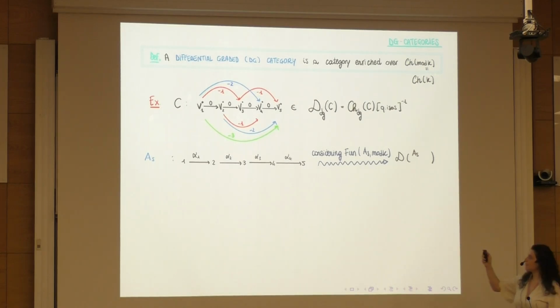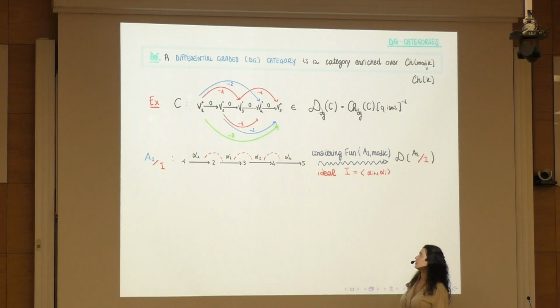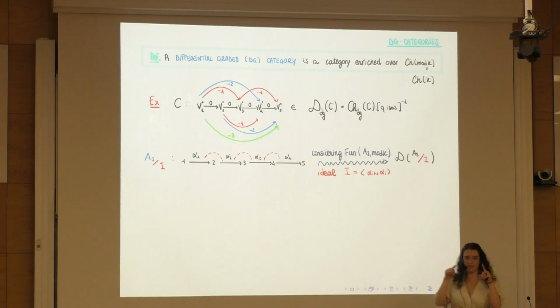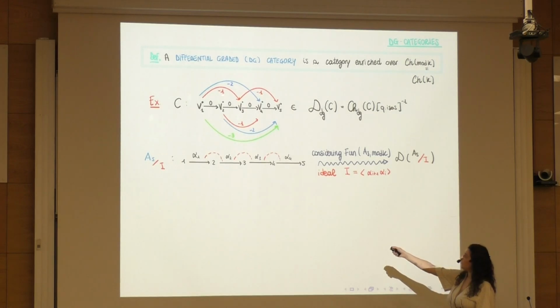And similarly, if I take the quotient over an ideal, which is generated by the composition of every two consecutive arrows, which means that the composition of every two consecutive arrows vanishes, then if I take the quotient, I can also similarly define this derived category.